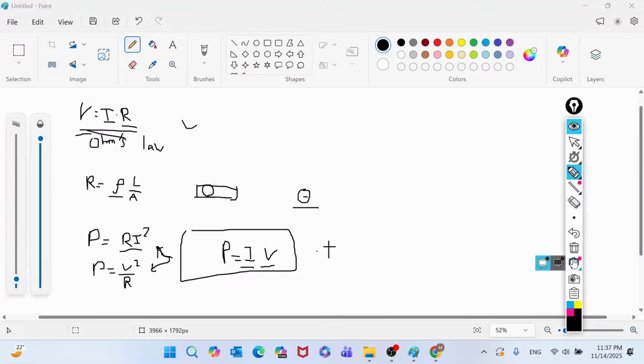Okay, now guys, the potential difference across a battery. Let's say this is a battery, yeah.